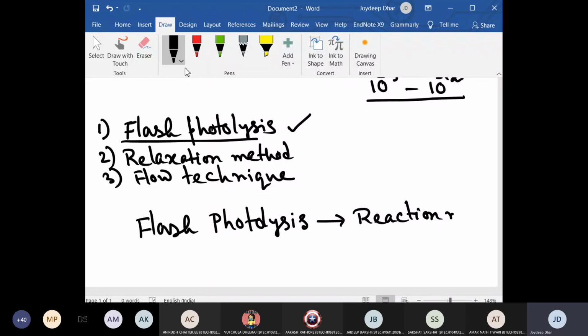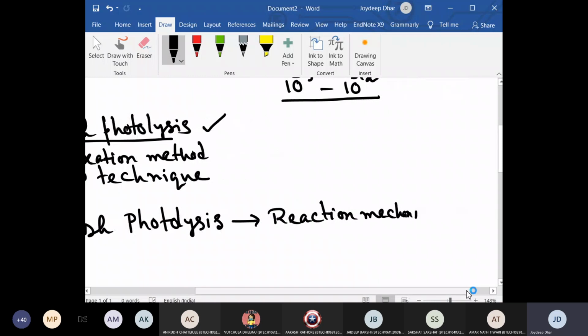Sometimes, when the reaction is going on, different intermediates will form, because reaction mechanism means we have to study how the reaction is going on. So for the reaction mechanism we have to know what intermediate species are formed.